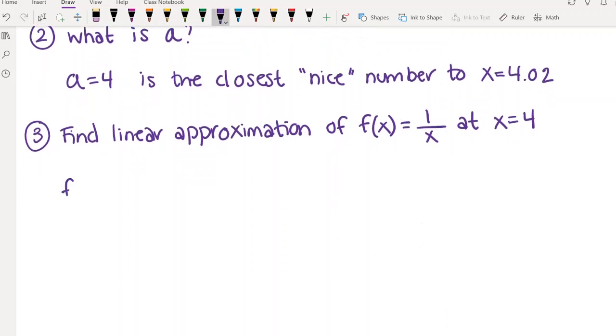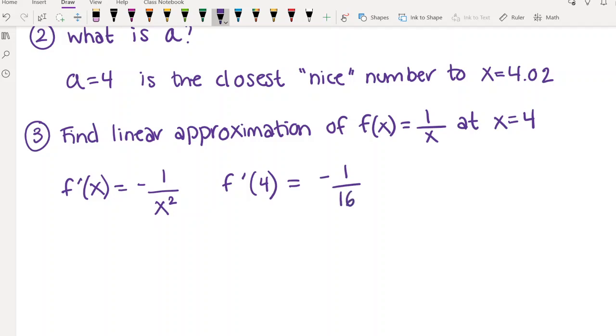So first we find our slope. The derivative of 1 over x, so that's x to the negative 1, is going to be negative x to the negative 2, which is negative 1 over x squared. And then we want to figure out what that is when x is equal to 4. So we can plug 4 in, and that gives us negative 1/16.